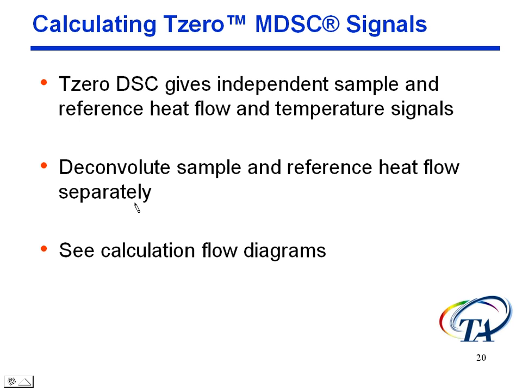One of the benefits is shorter periods, and we'll go through that a little later too. On the 2900 series modulated DSC, we normally didn't recommend going below 60 seconds. But with the Q100, using the T4 heat flow, the four-term heat flow equation, we can now go down to about 40 seconds and get very good results.